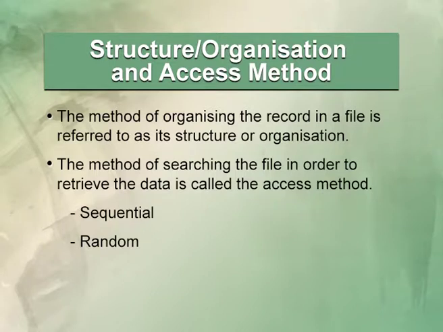The method of searching the file in order to retrieve the data is called the access method. Here we are accessing the database to find the record either randomly or sequentially. So, do not confuse the two terms. I hope you understood the meanings of these terms.